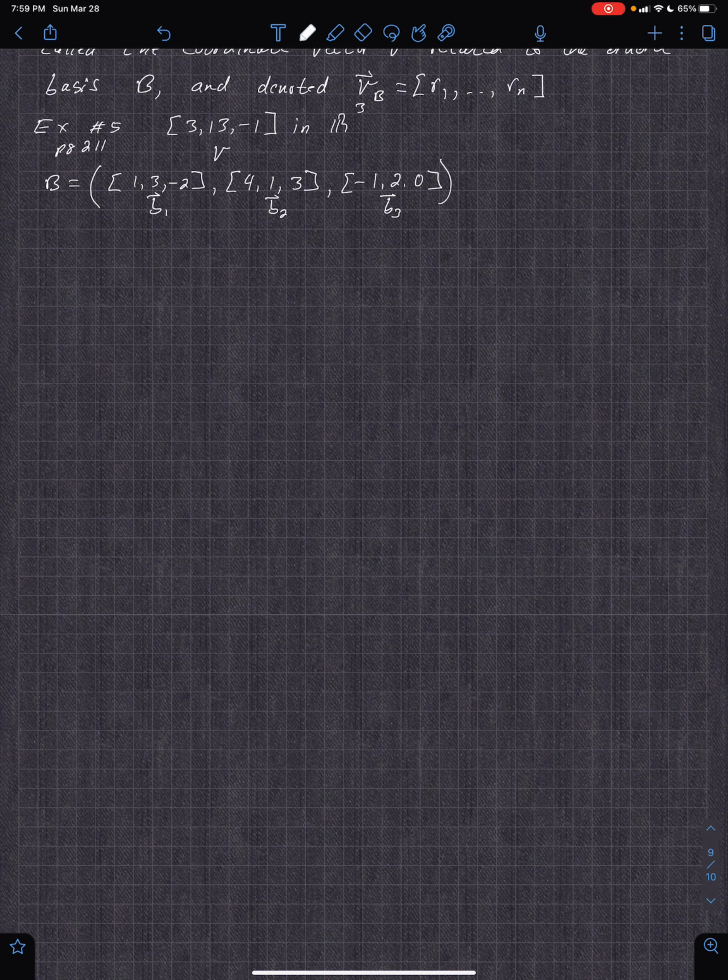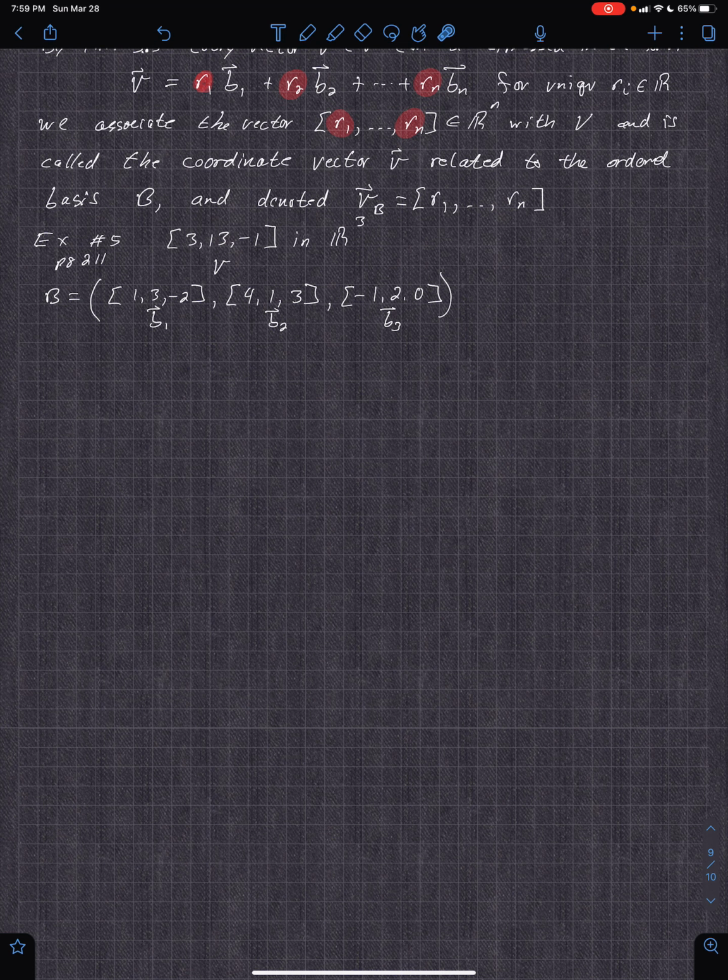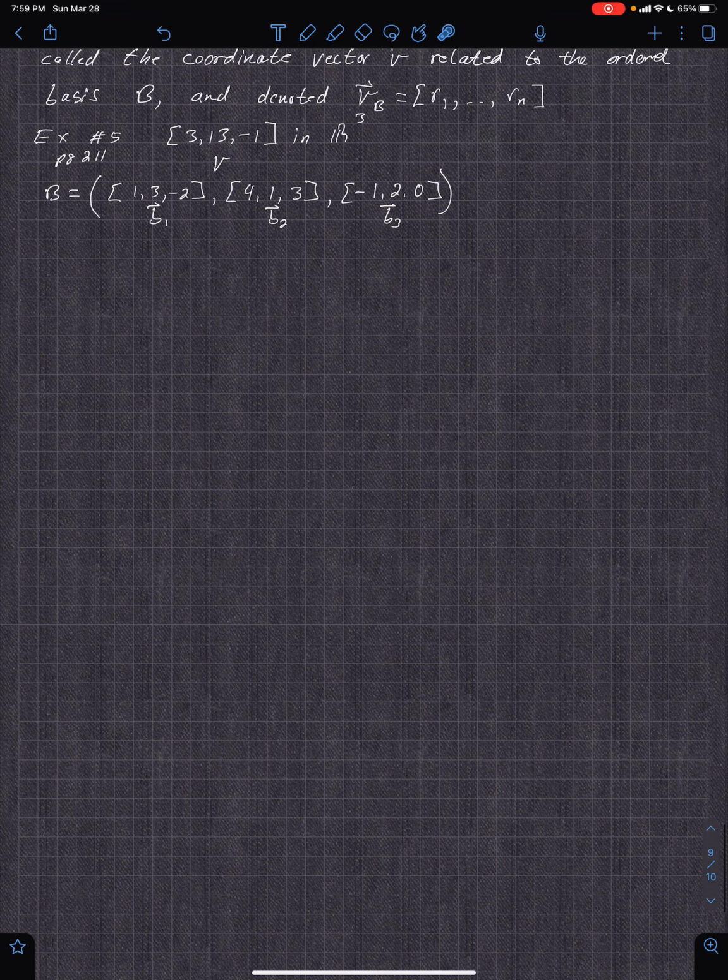What you want to say is, what r's times these give you that. So you're solving a system again. You're basically doing your Ax equals b concept, where your x values are R1, R2, R3.